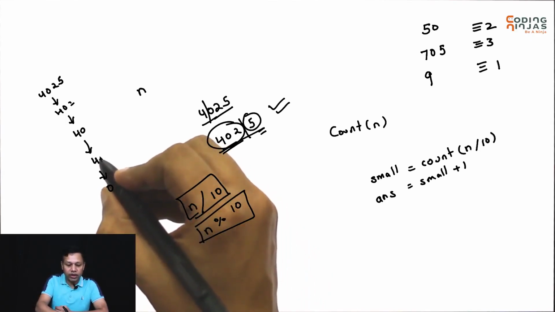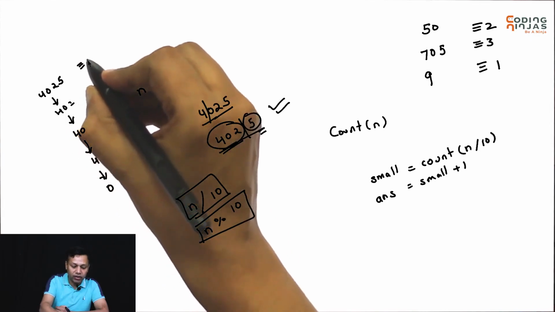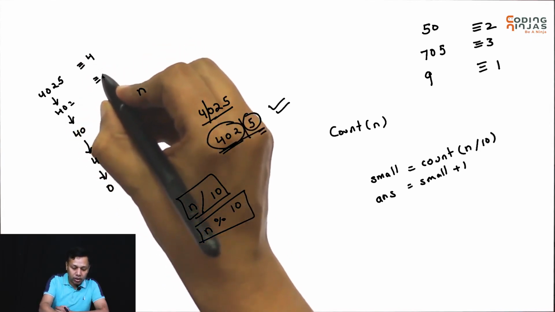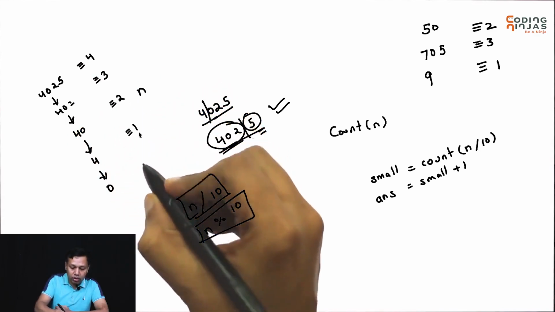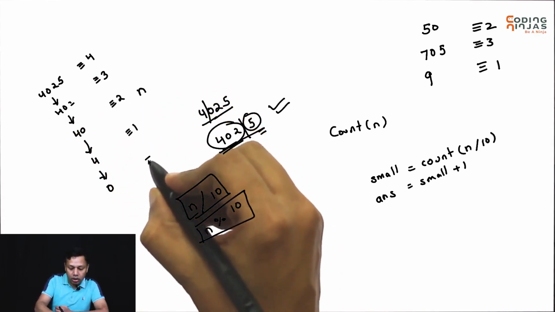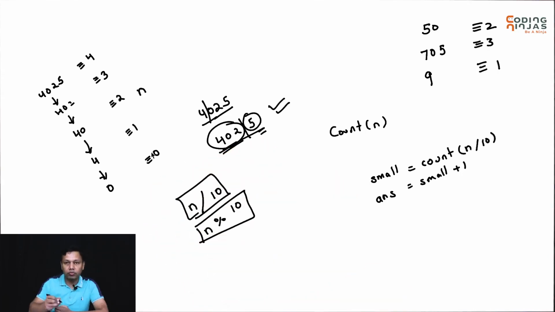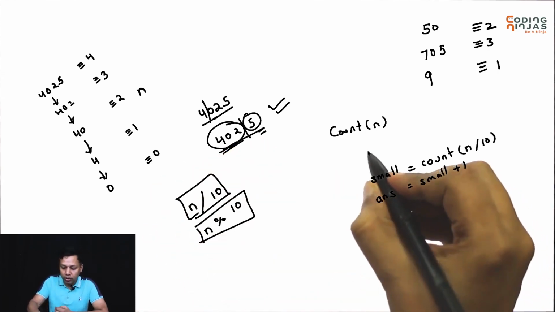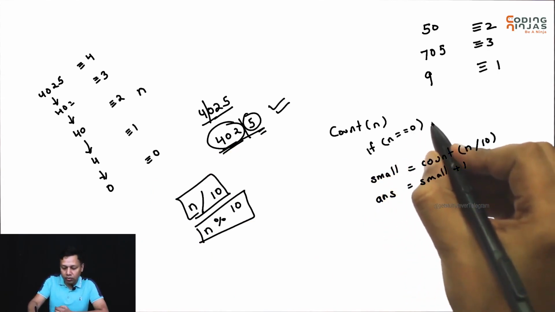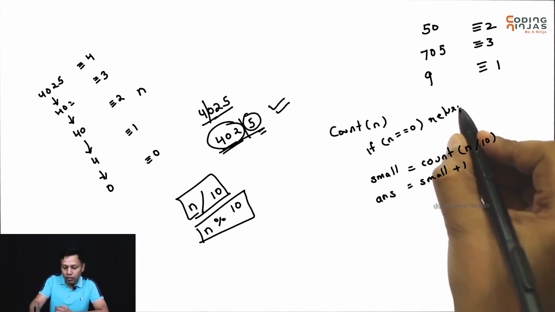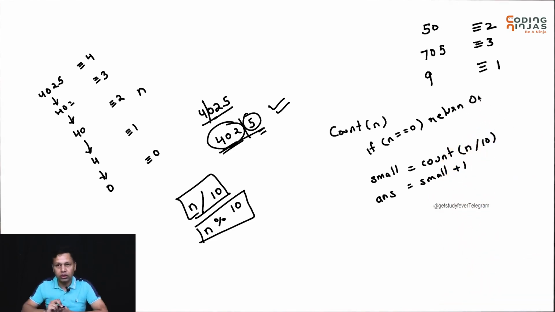How many digits does 4025 have? This has 4 digits. 402 has 3 digits. 40 is a 2-digit number. 4 is a 1-digit number. So by that logic, 0 seems to be a 0-digit number. So if n equals 0, maybe return 0. That should work.